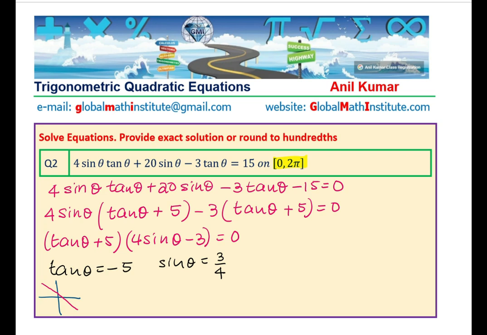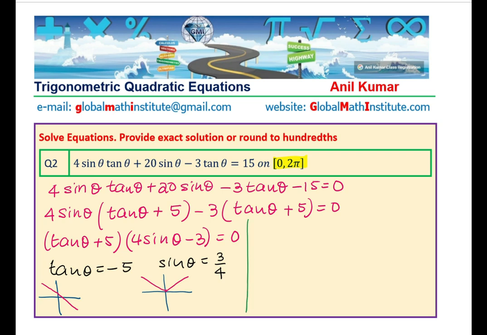For sine theta to be positive, we are looking at quadrants 1 and 2. So we have 4 solutions within the domain of 0 to 2 pi. Now in each case, we should find the related acute angle alpha and then get the other solutions, right?